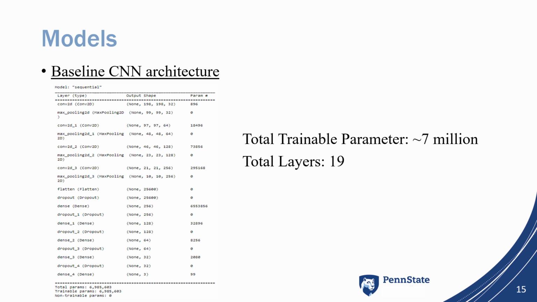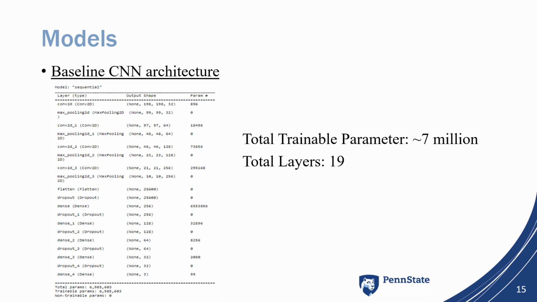And the next layer that we use is the flatten layer, which flattens the layer to one dimensional shape. And we also use a dropout layer, which randomly sets input units to zero with a frequency of rate at each step during training time, which helps prevent overfitting.